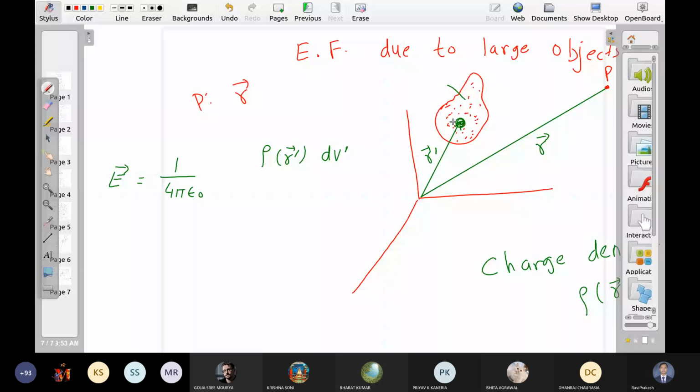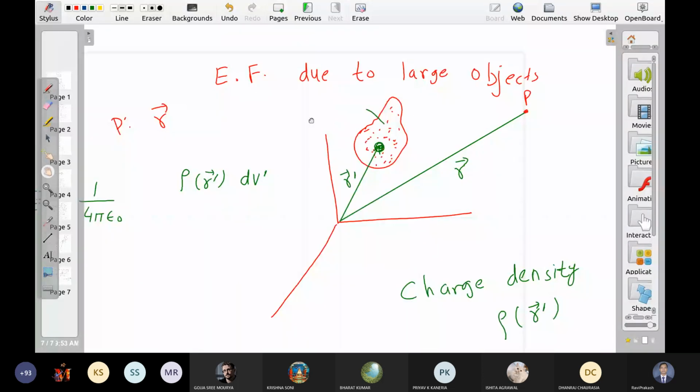What is the electric field due to this small charge at this point P? That is actually equal to, the distance of this charge from this point P, right? And let me say that this is given by R, divided by magnitude R square.